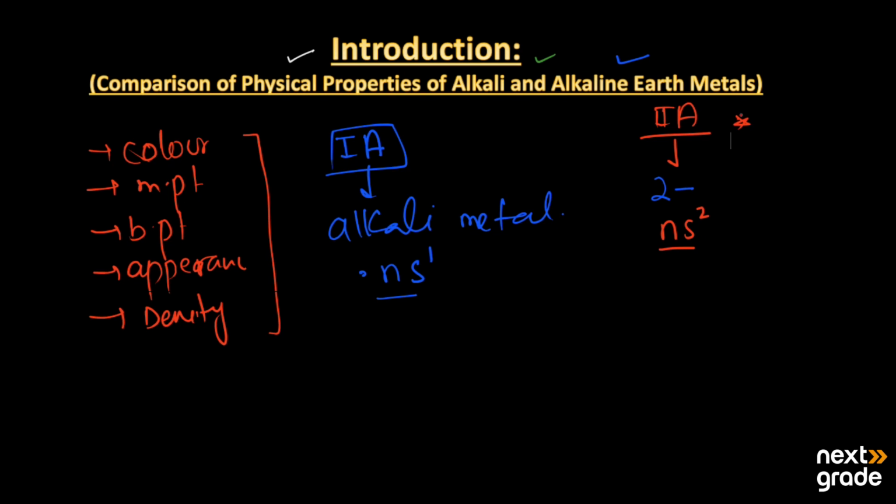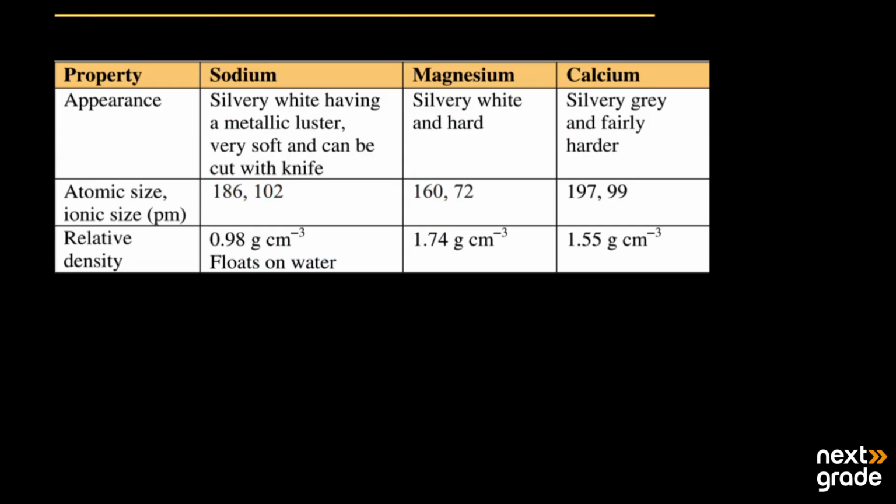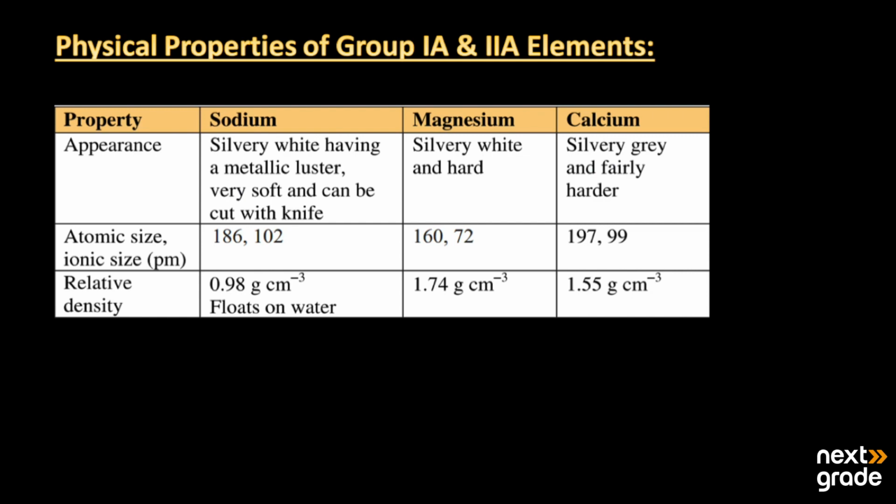Now we will have detail about their physical properties. The first property is their appearance, that is, how do they appear. Sodium belongs to group 1A, and we have magnesium and calcium, both belonging to group 2A. The appearance of sodium is basically silvery white, and it also has a metallic luster, meaning it has a shiny surface.